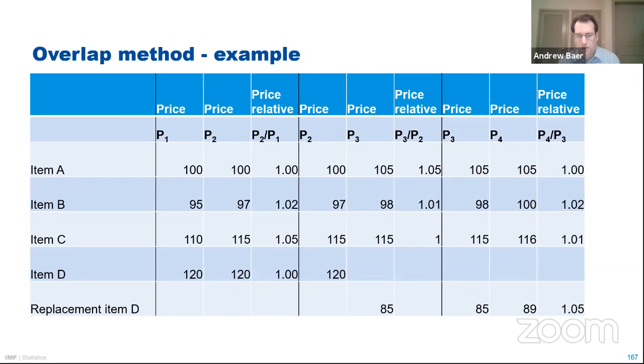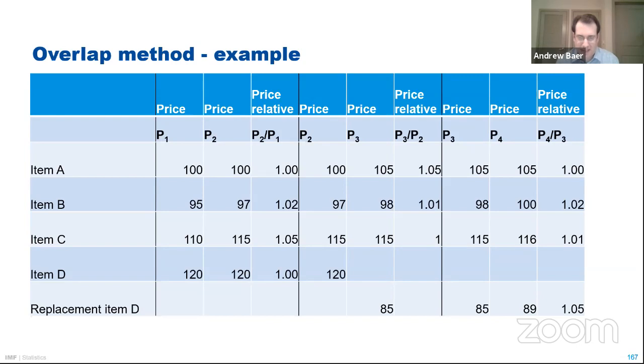It's when we get to March that, oh, excuse me, this is changed a little bit here. So now what happens is item D goes away in the 3rd month.